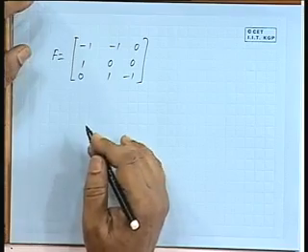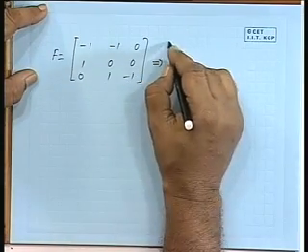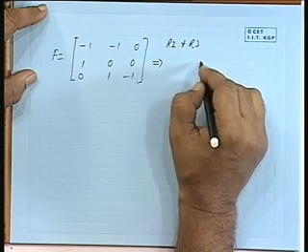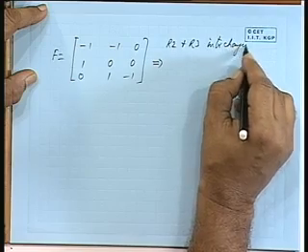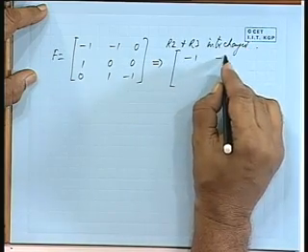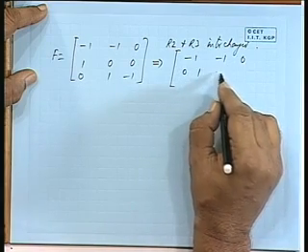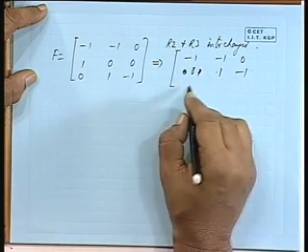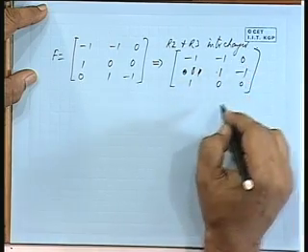So, we want to interchange rows 2 and 3. So what do you get? -1, -1, 0, then 0, 1, -1, then 1, 0, 0.